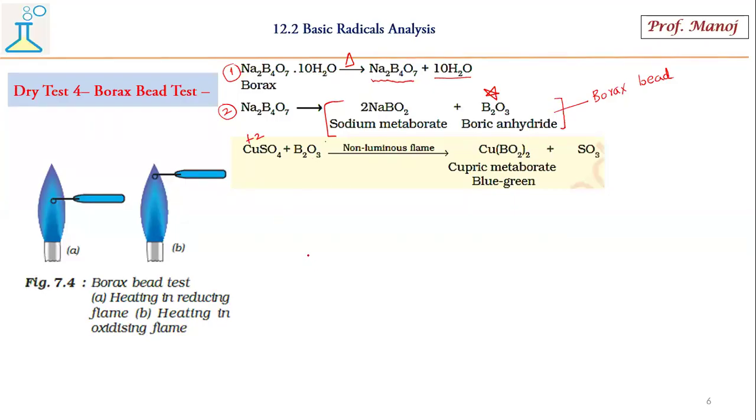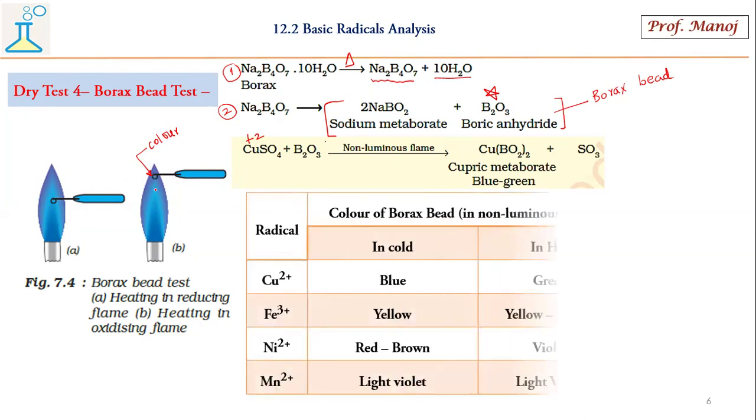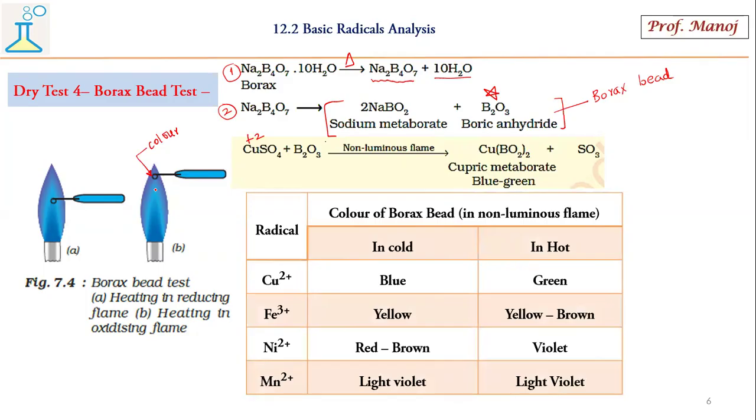It reacts with boric anhydride and gives you a bluish green colored bead. So this bead will turn the color. Do not get confused. In the earlier test, it was the flame color which we were checking. Here, the platinum loop bead color we are checking. So these are the 4 radicals kept in your syllabus with their particular colors.